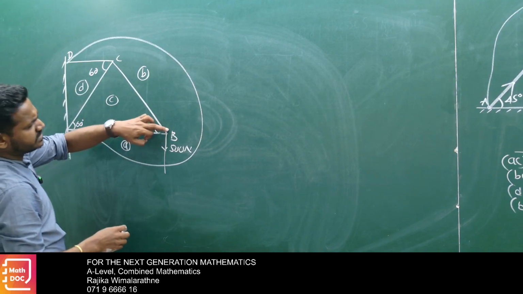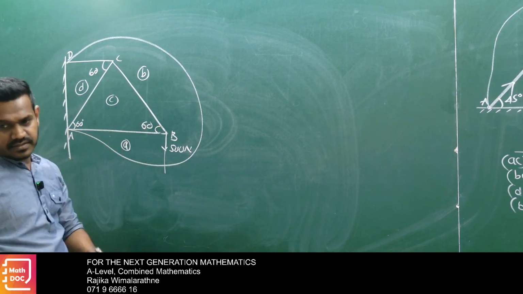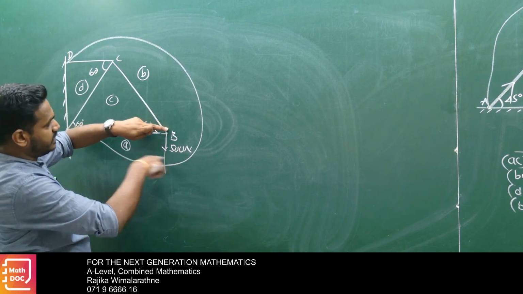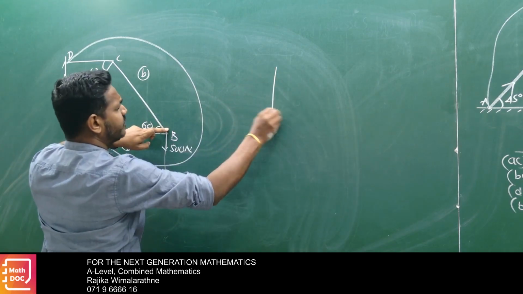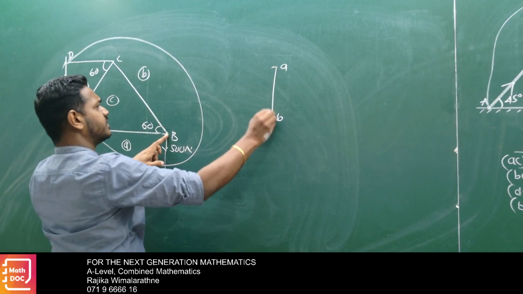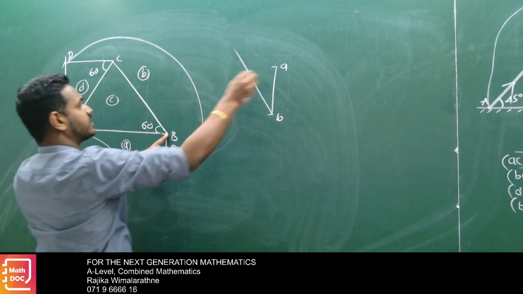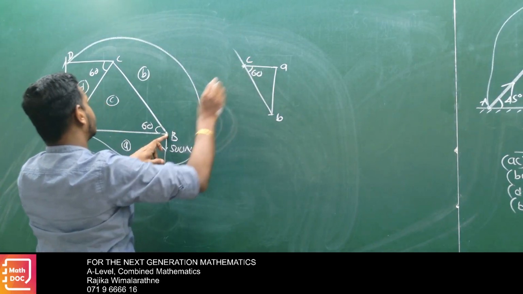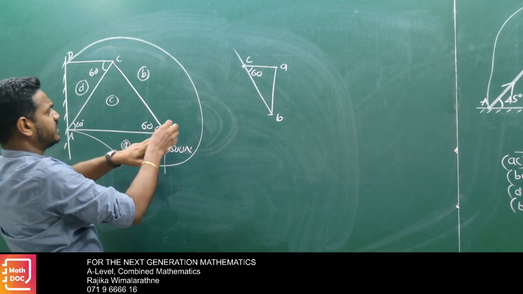Select this vertex and sketch the stress diagram: AB 500 down, BC to the horizontal 60, CA horizontal. Then go to this vertex, same time better to mark forces.